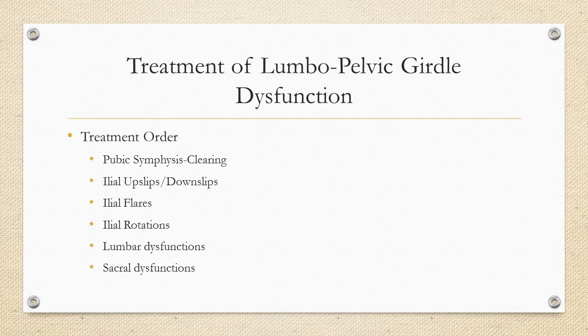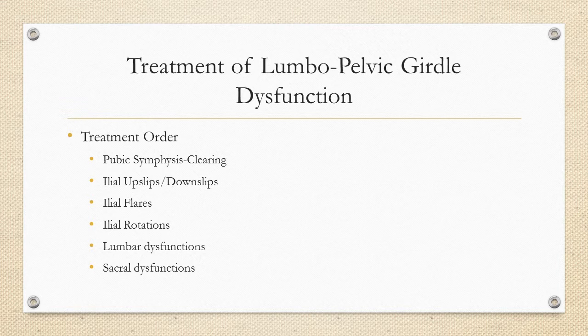Our next area to look at is iliac upslips or downslips. Downslips typically are going to correct on their own through weight bearing, but your upslip can not only affect the pelvic girdle, but also can affect the upper quarter, namely the shoulder, with regards to shoulder impingement.